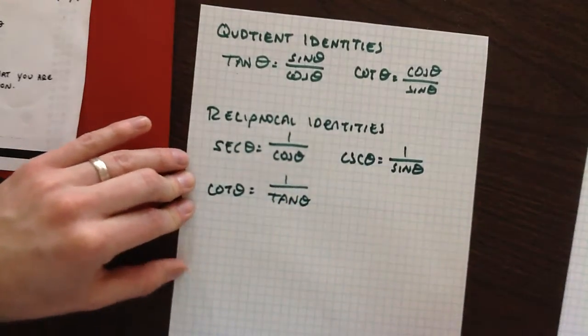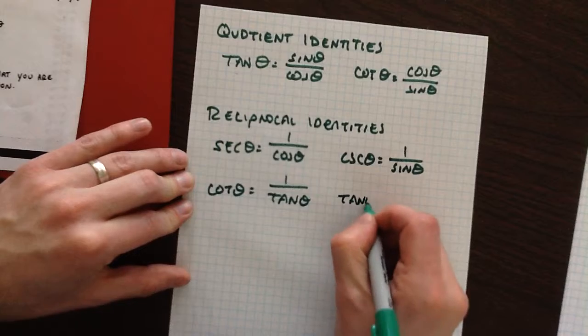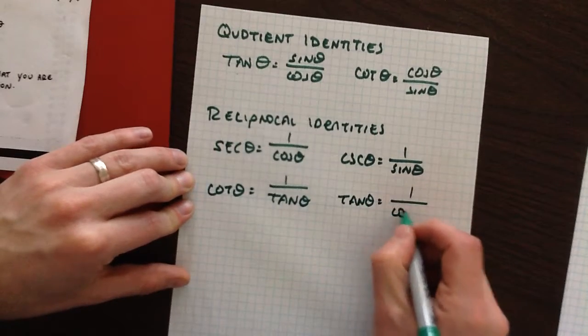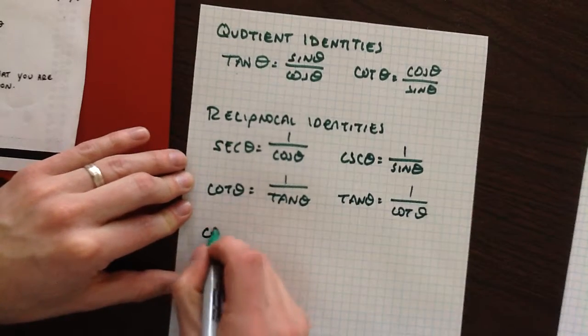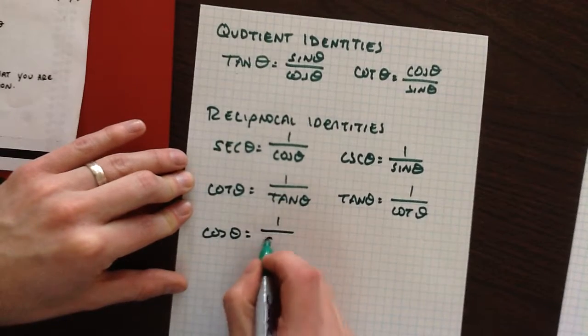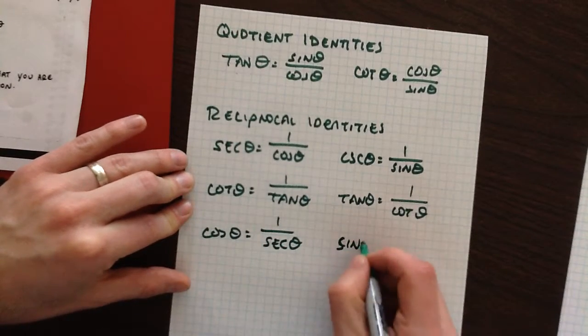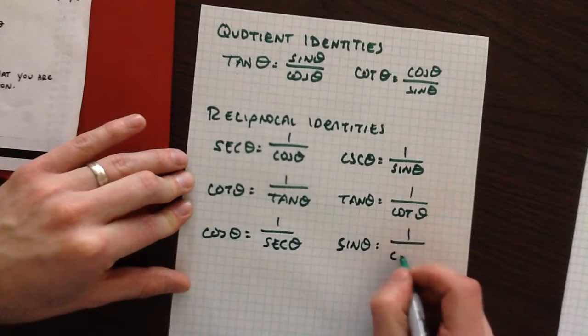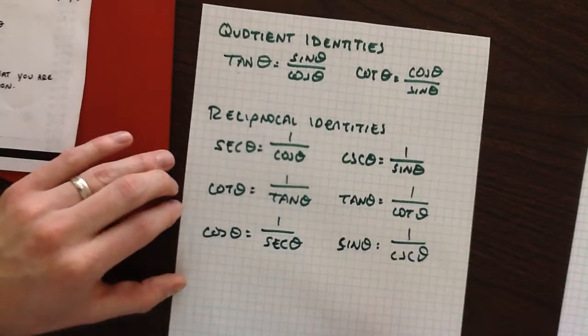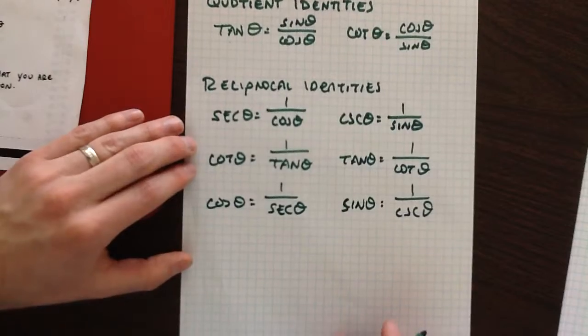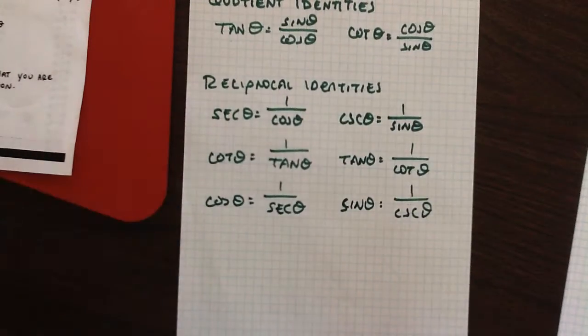And then we can take the reciprocals of these, where tangent is 1 over cotangent, cosine is 1 over secant, and sine is 1 over cosecant. Those are all what we call our reciprocal identities because it's defined as a reciprocal. Flip the fraction.